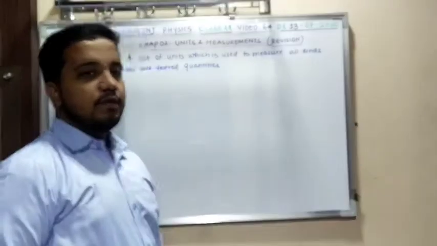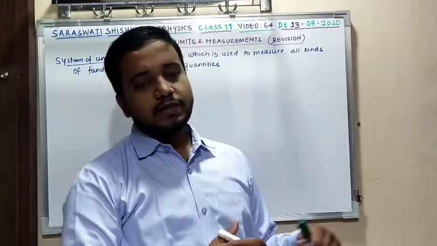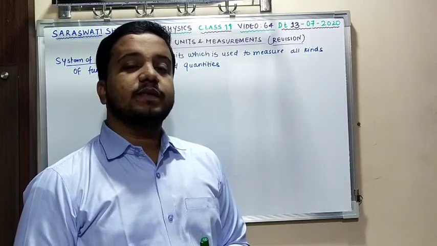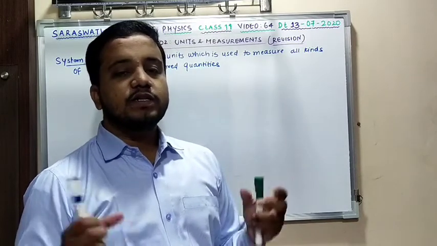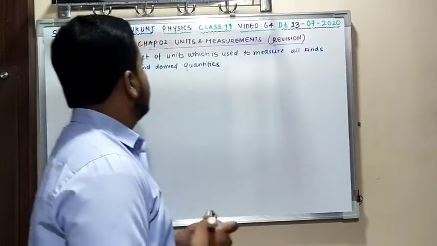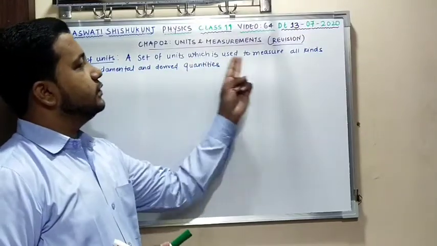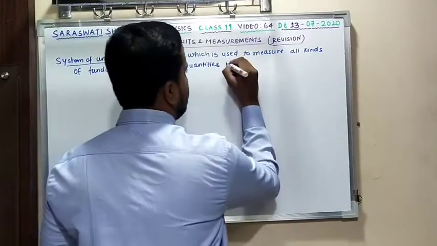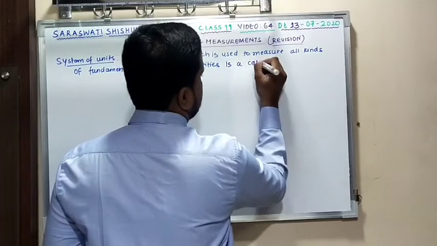Fundamental quantities are the basic quantities which cannot be expressed in the form of other quantities, and derived quantities are those which can be expressed in terms of fundamental quantities. So you can write over here: a set of units which is used to measure all kinds of fundamental and derived quantities is called a system of units.